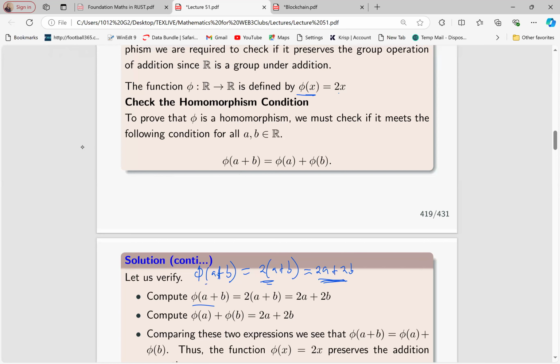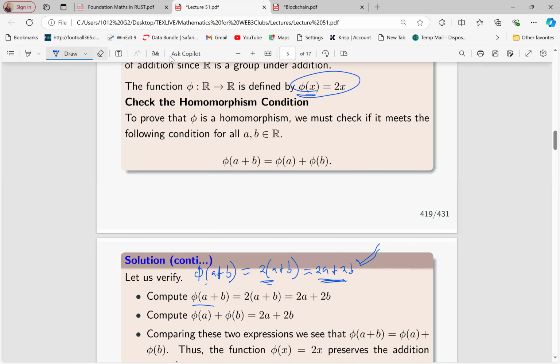So we want to check whether the right-hand side also gives us this. If the right-hand side gives us this, then it means that phi defined as above is a homomorphism. So let's check the right-hand side. If I have phi of A, by this definition, it will be mapped to 2A. What about phi of B?